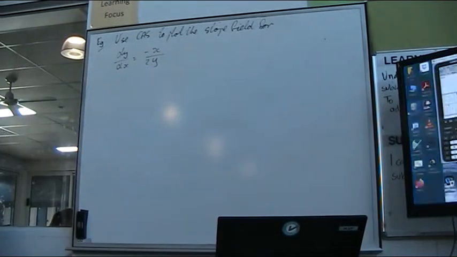Alright, so the differential equation this time is negative x on 2y.